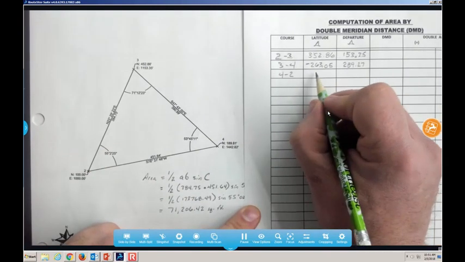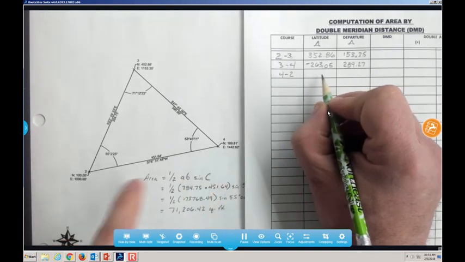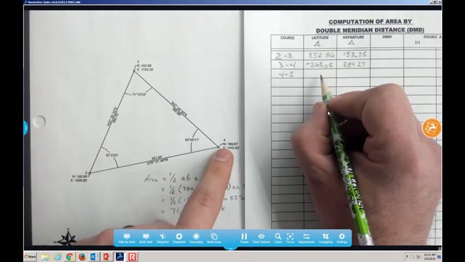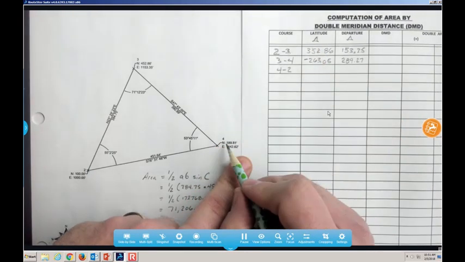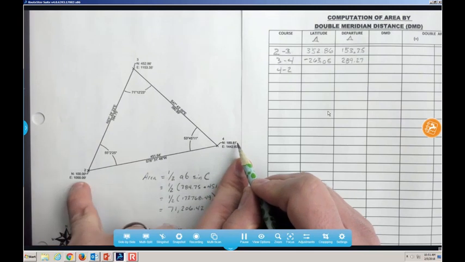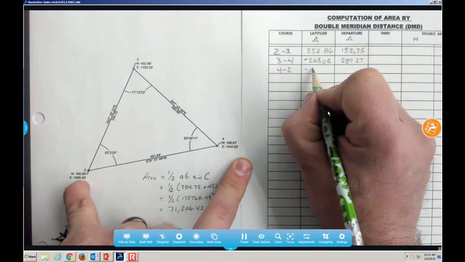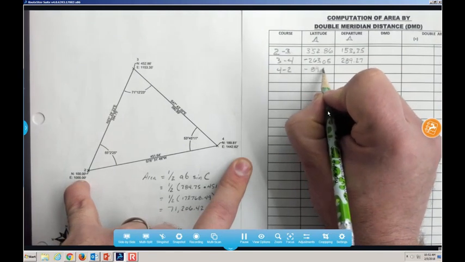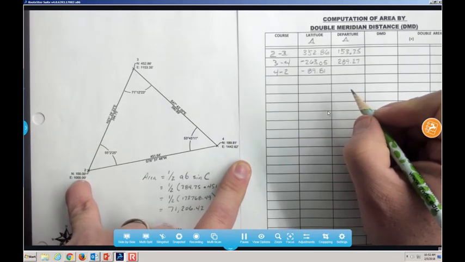Now we'll do the change in latitude and departure from 4 to 2. This is a pretty easy one. The northing at 4 is 189.81 and the northing at 2 is 100. So we're going in the negative 89.81 feet in the change in latitude.